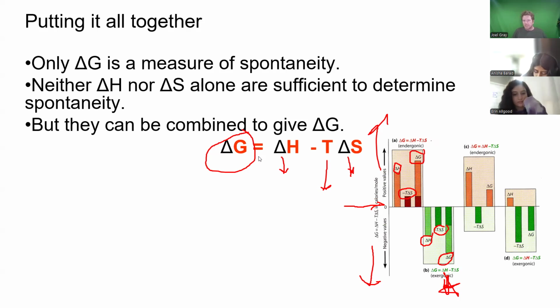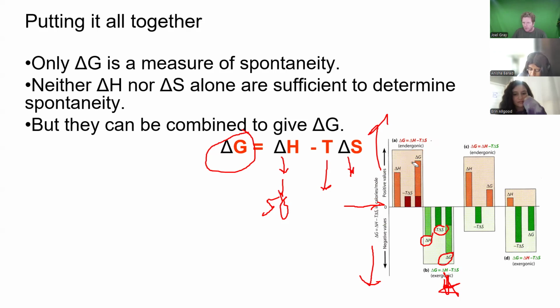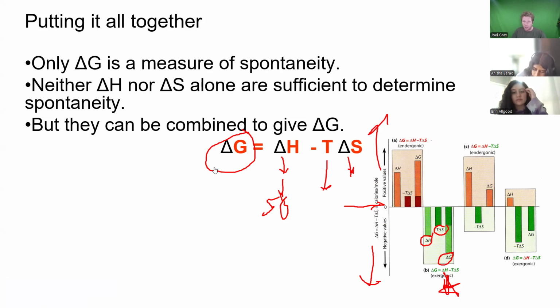If the value for delta H is 50, that's a positive value. What does that mean for our delta G value?